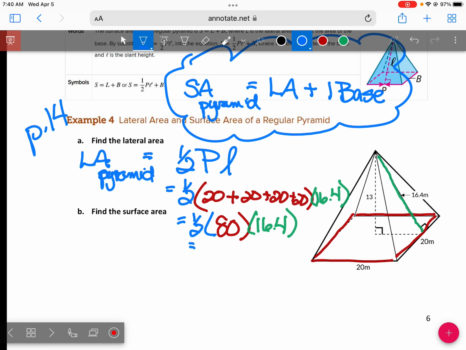Half of 80 is 40. So I'm going to take 40 times 16.4 and get, has anybody got it? Come on, work those calculators, people. Need to make sure you're getting it correct.